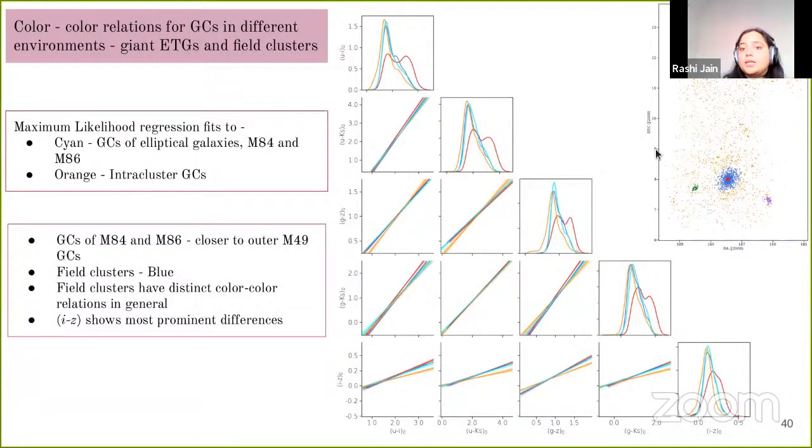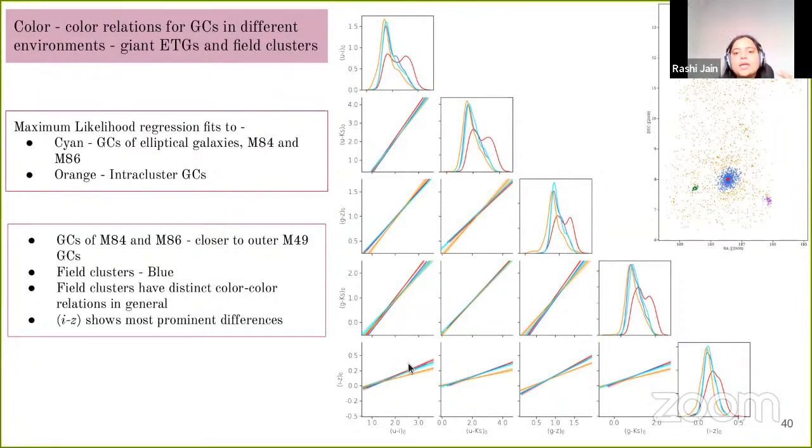Now we look at the intracluster globular clusters as compared to the elliptical galaxies in the field. The blue locus shows globular clusters of M86 and M84, which are ellipticals, and the orange locus shows the intracluster globular clusters.